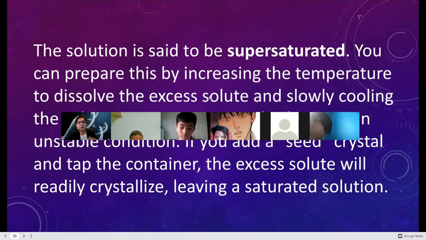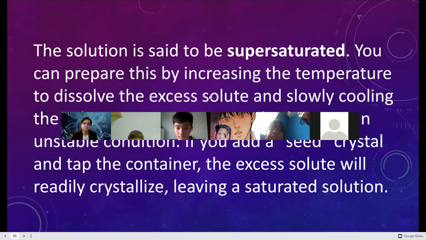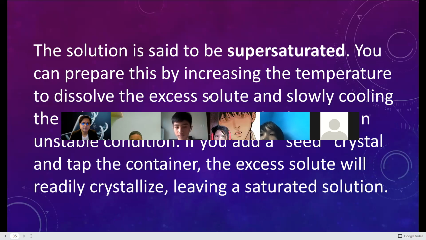Or you make the solution very sticky because you're forcing those to go into the solvent, leaving behind a sticky solution that is supersaturated. You can do this by increasing the temperature of the liquid and mixing it with the solute.